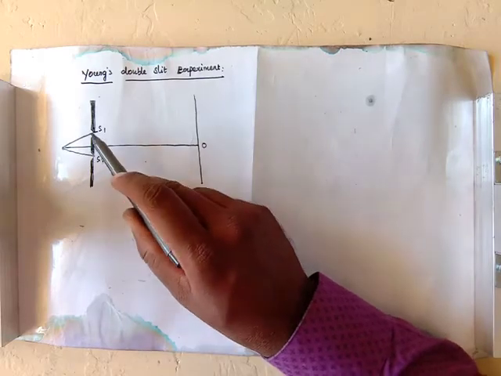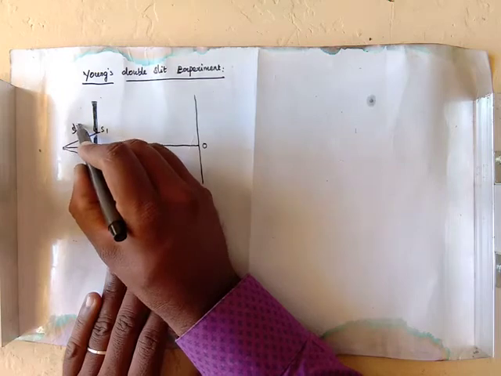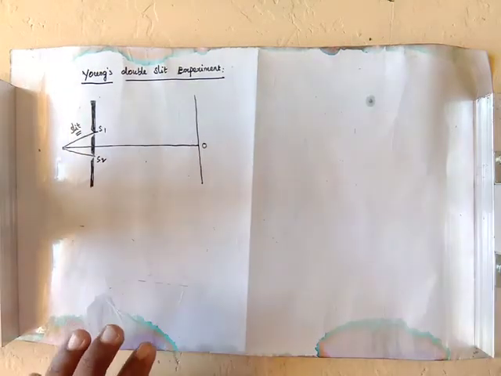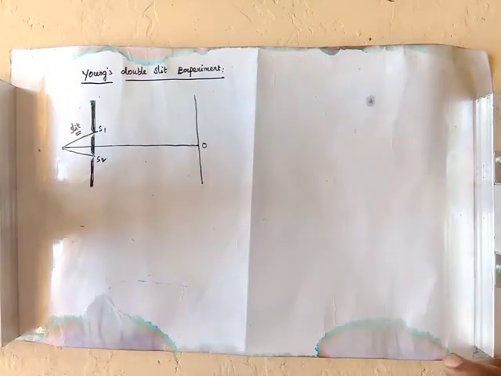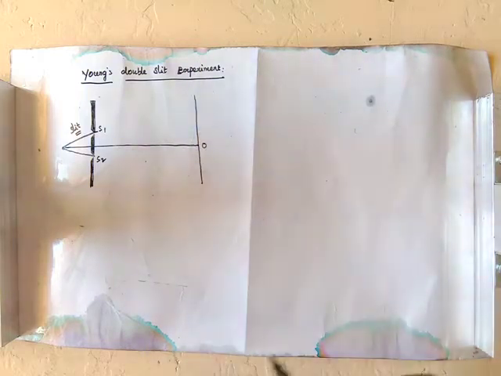These are called slits. So slits S1 and S2 form a double slit. So this experiment is the Young's double slit experiment.